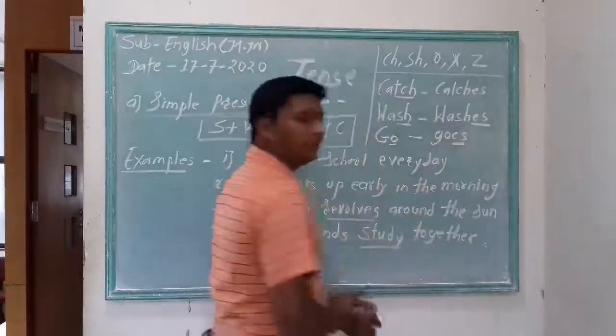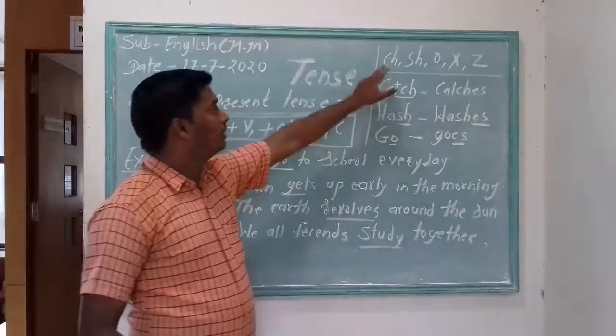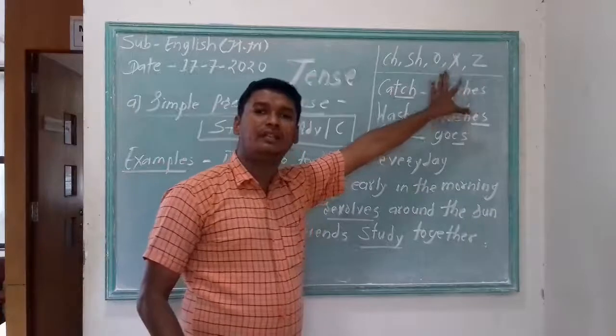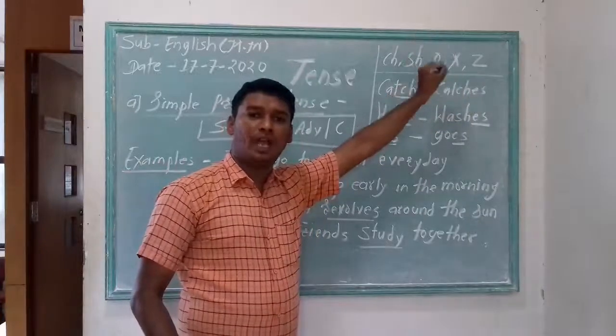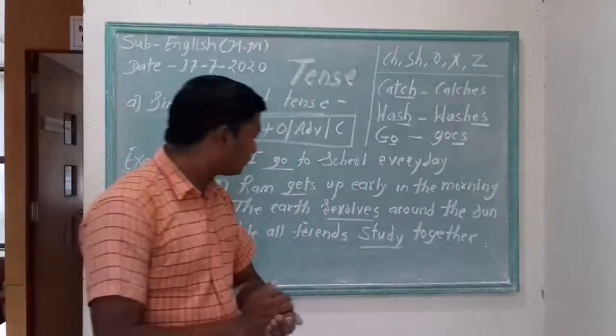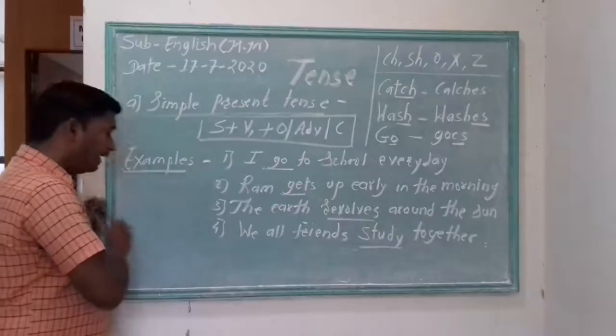In this way, if the verbs end with ch, sh, o, x, or z, then we should add es to that verb. You understood?